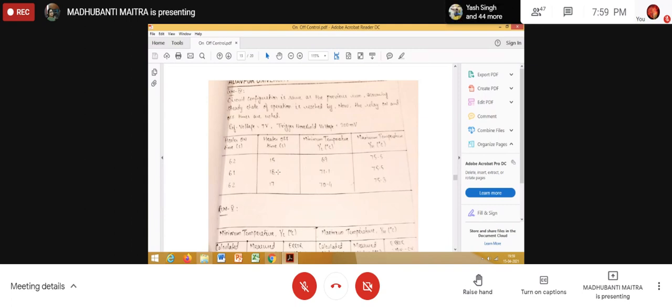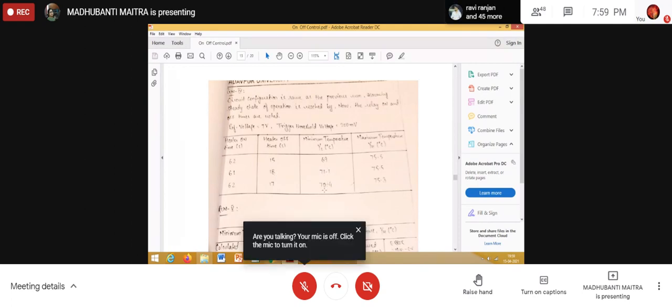And the minimum, heater off time, that means when the cooling process was taking place, the time is 18 seconds, and the minimum temperature they have noted to be 70.4 degrees centigrade.